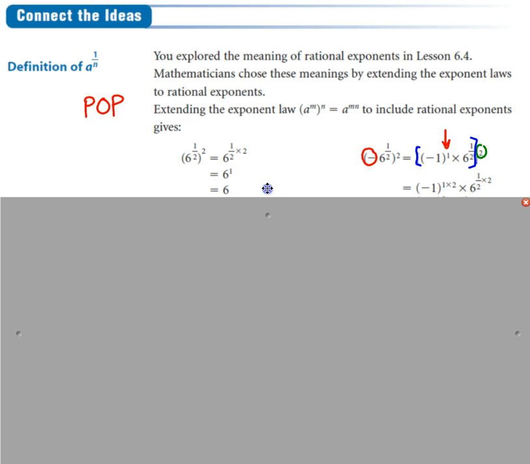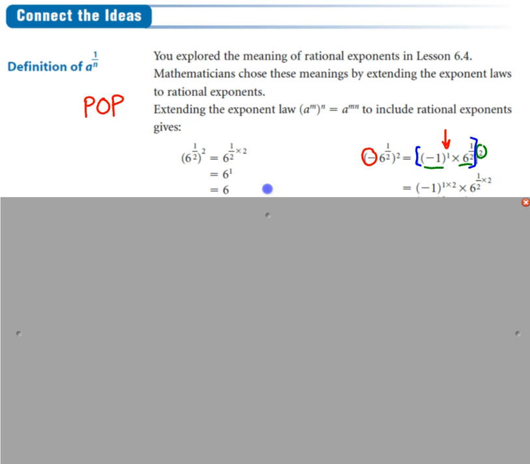And so the power of a power law takes over and says, well, okay, we'll evaluate the outside power, the green exponent. We'll multiply that by each of the exponents inside the brackets. So we can separately apply the power of a power law both to the negative 1 to the 1 and 6 to the 1/2.